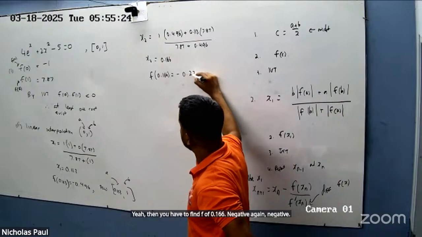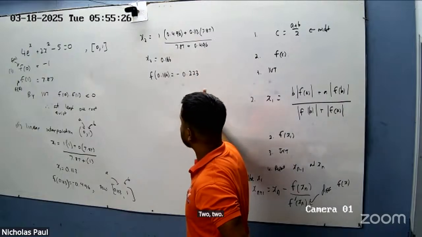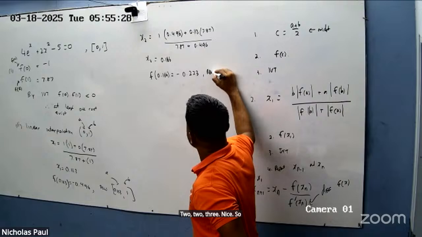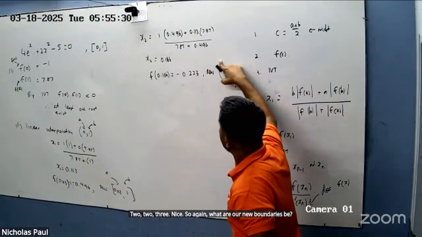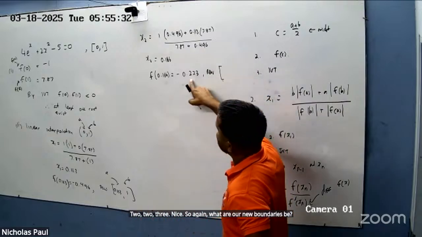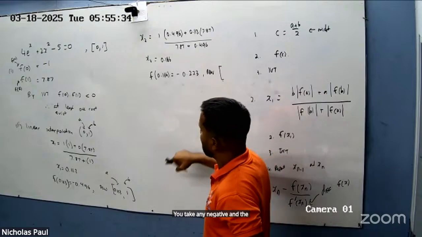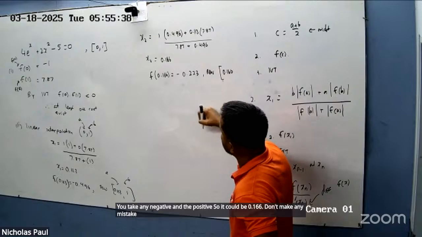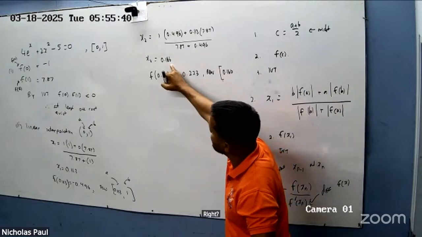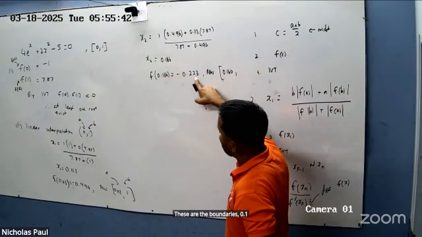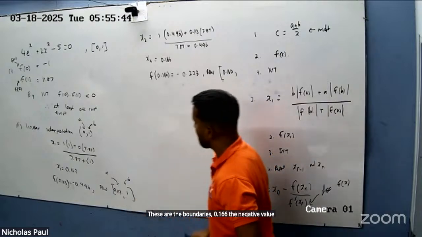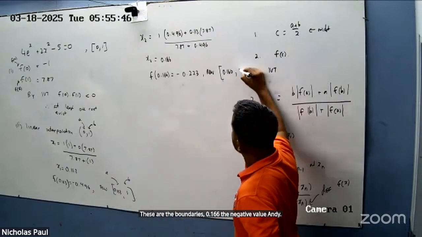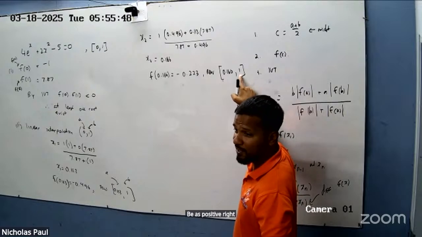So again, what would our new boundaries be? You're taking the negative and the positive. So it will be 0.166, the negative value, and the B was positive. Don't make the mistake and write this up. These are the boundaries.